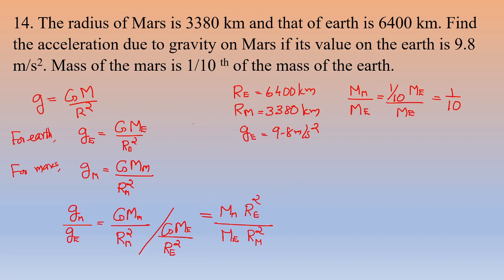So we can substitute all these things. Here we have the ratio RE by RM whole square, so it is not necessary to convert the radius into meter. So let us substitute.